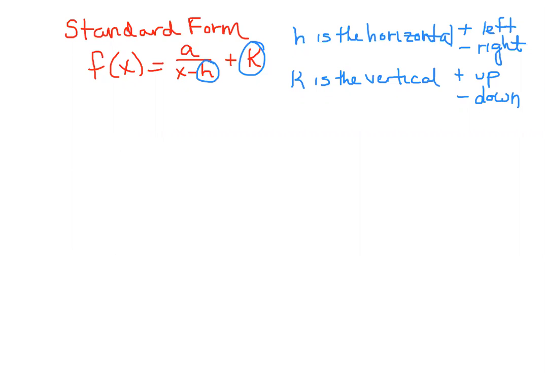And if A is negative, the function is reflected across the x-axis. And if the absolute value of A is greater than 1, then it is a vertical stretch.